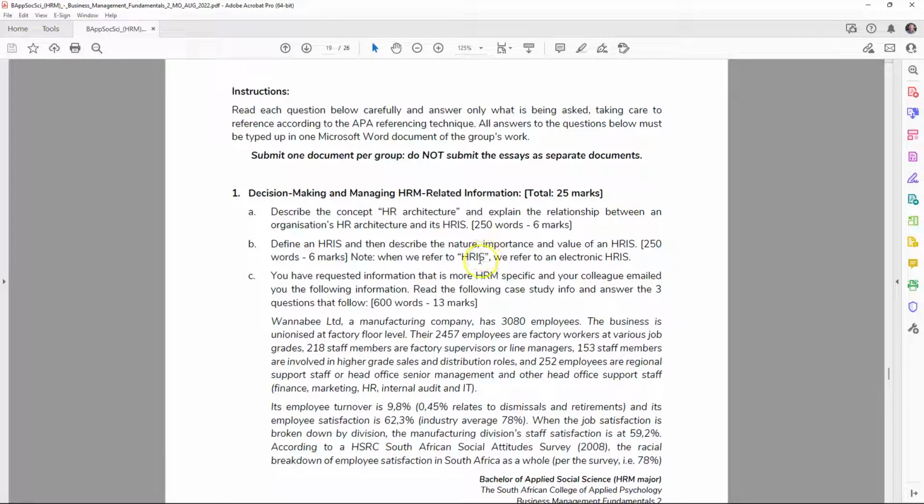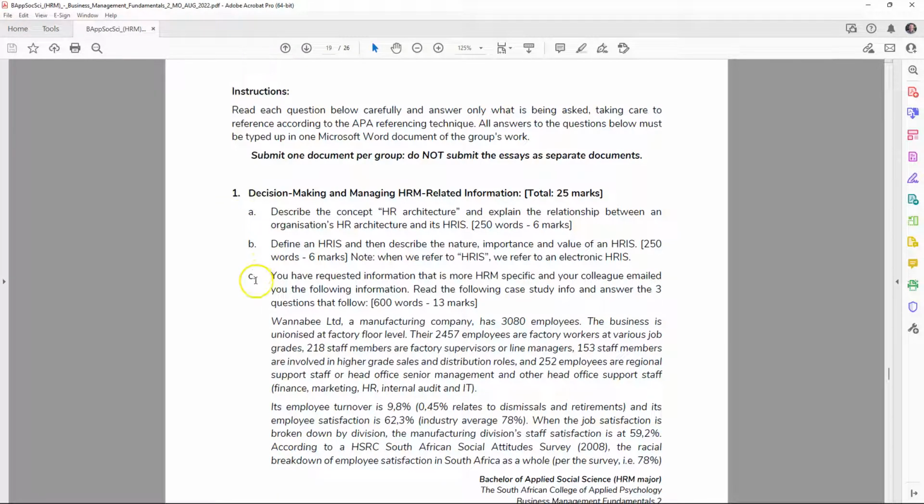I'm sure you may know that already. We're just making the note because in the past we've had a misunderstanding around whether it is fully computerized, so to speak. So that's question 1A and B.